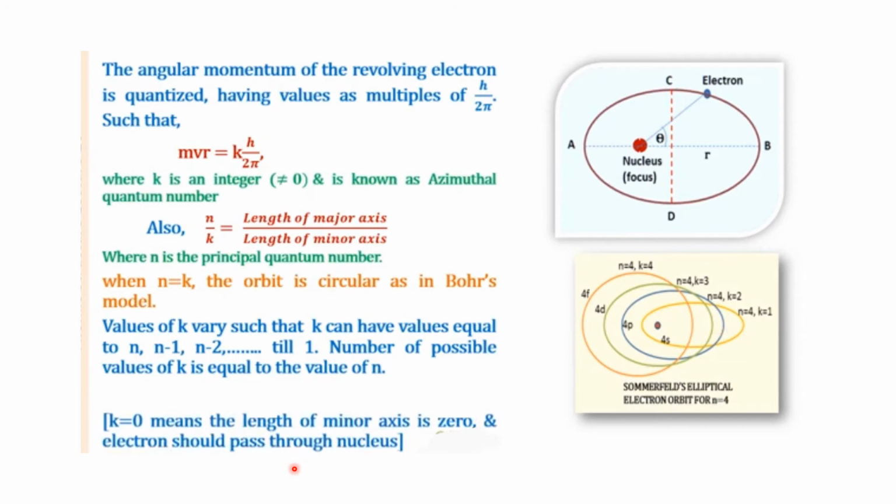The ratio of major axis to minor axis is n by k, and k equal to 0 is not possible. Suppose k is equal to 0, that is, the length of the minor axis is 0, then the electron should pass through the nucleus, which is not possible because the electron is under the influence of nuclear charge.